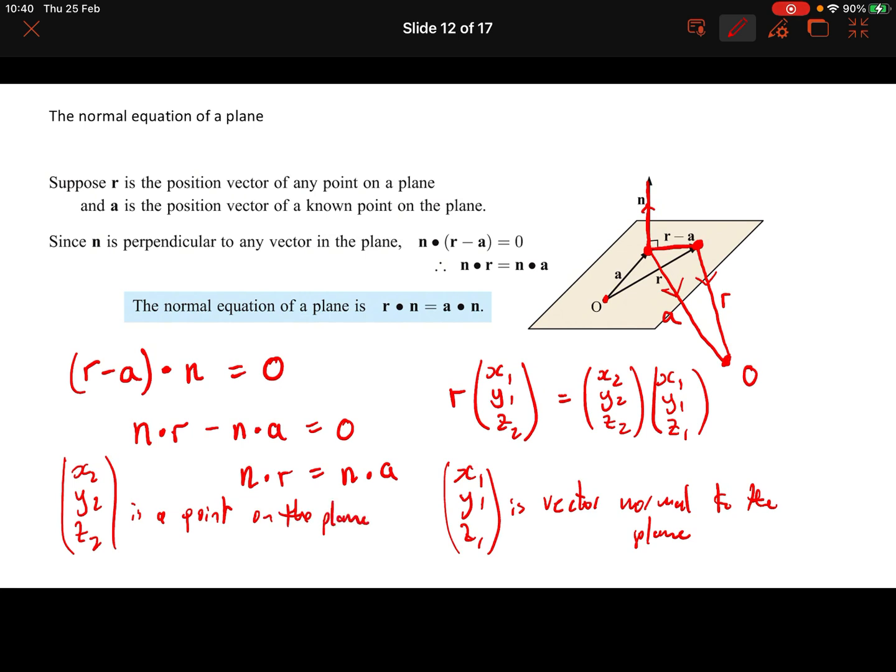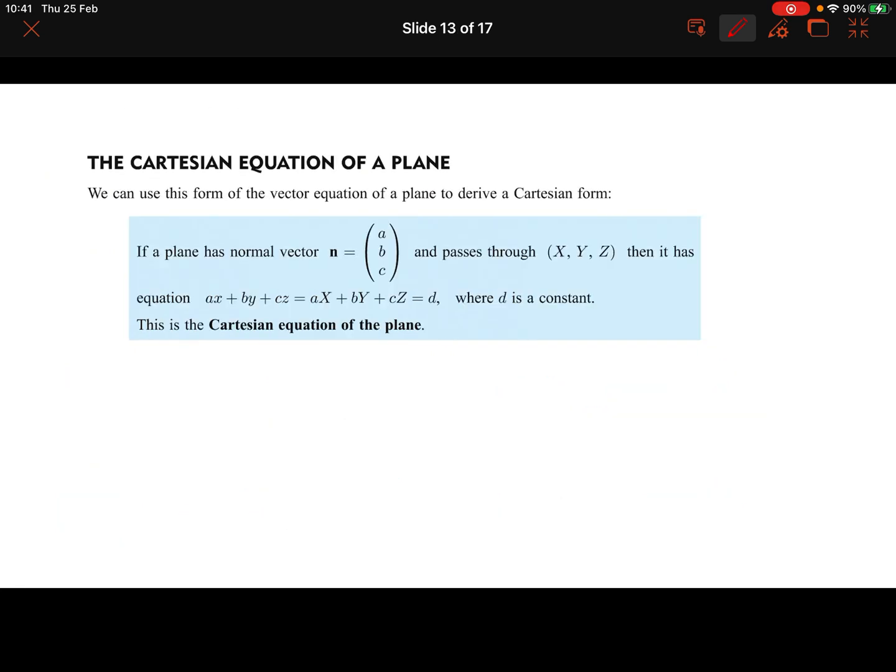So we've got another equation that helps us to express a plane. And the beauty of this way of doing it is that we can use this method to find the Cartesian equation of a plane. So let's have a look at how that is done.